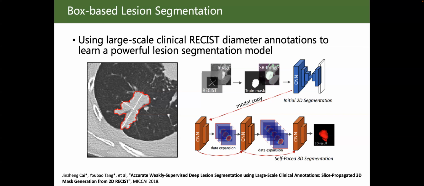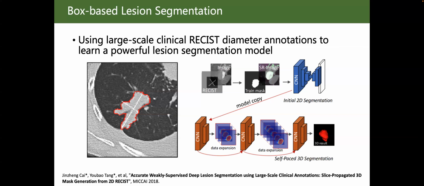After training the models using RECIST slices, we can run inference with the models on their unlabeled slices and get their lesion pseudo masks, which are also added into the training data pool. We then retrain the same models using more training data.